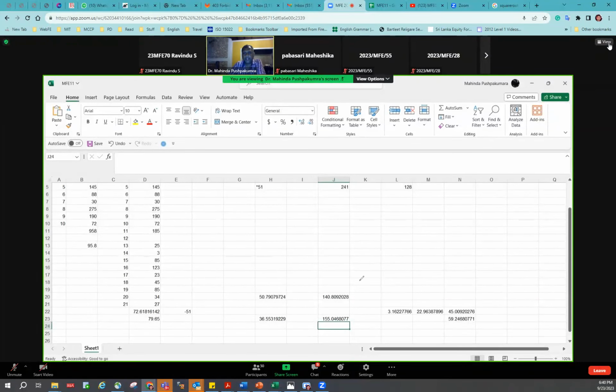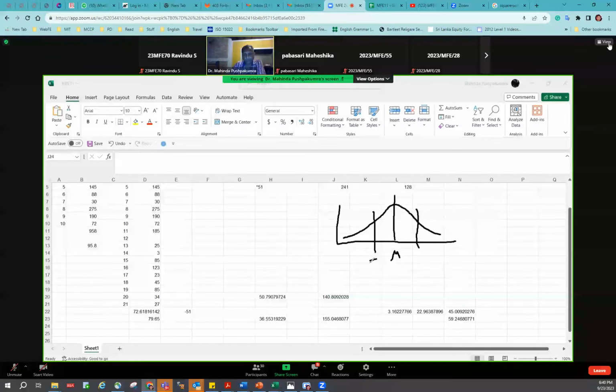Then you can realize again, when you increase your confidence level, what will happen to the range? If you use 95%, the range is 50 to 140.